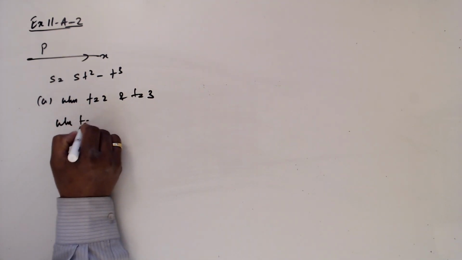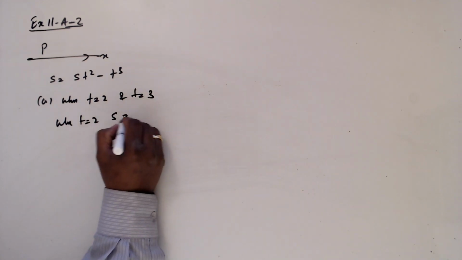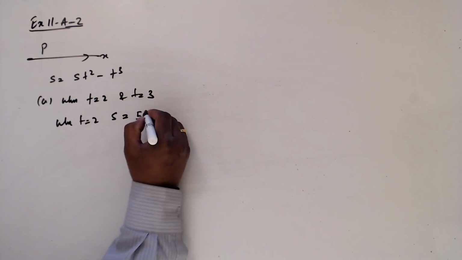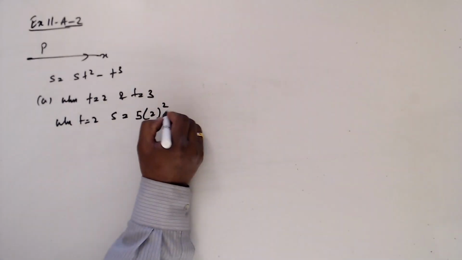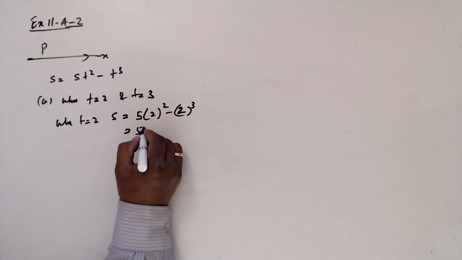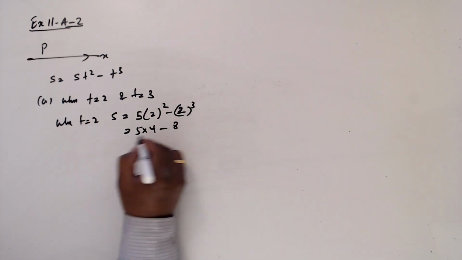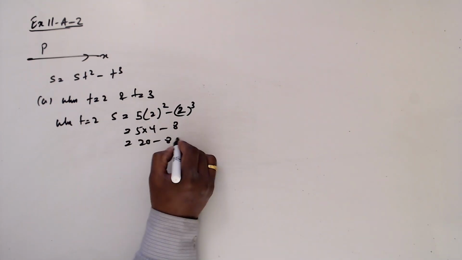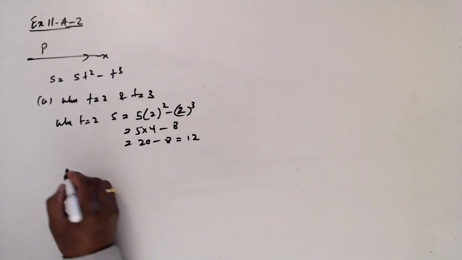When T equals 2, S equals 5 times 2 squared minus 2 cubed, that is 5 times 4 minus 8. So 20 minus 8, that is 12.